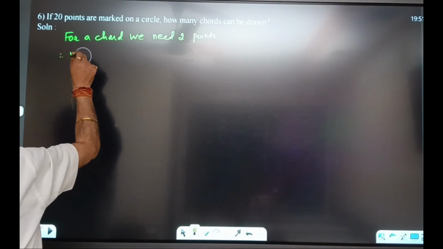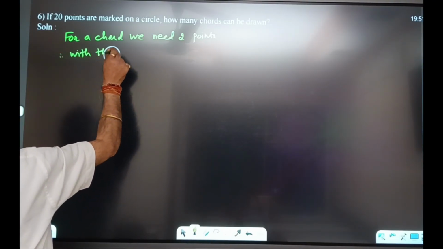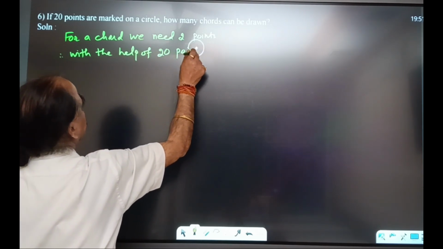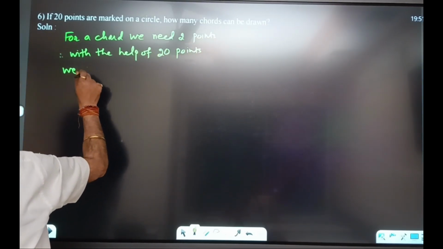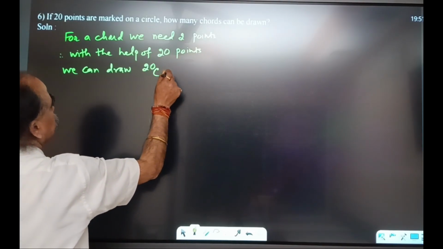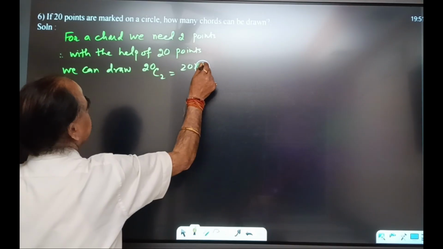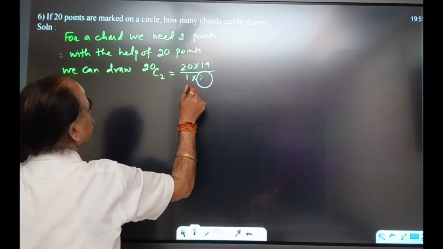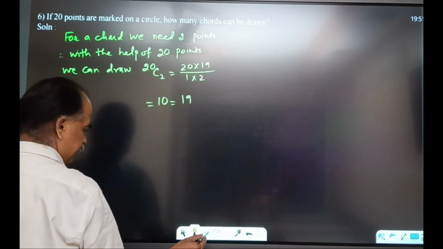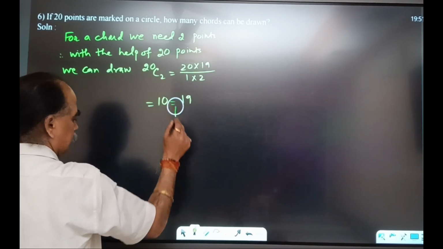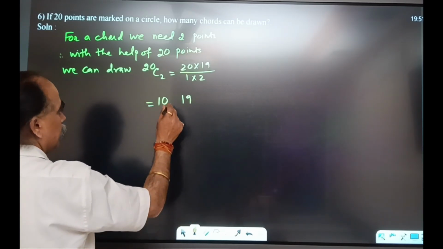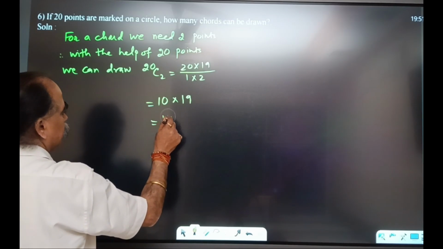Therefore, with the help of 20 points, we can draw 20C2, which is 20 into 19 upon 1 into 2, which is 10 into 19, equal to 190 chords.